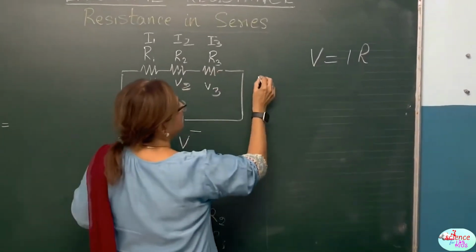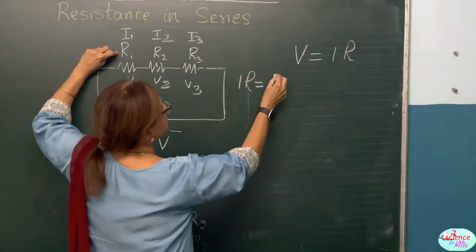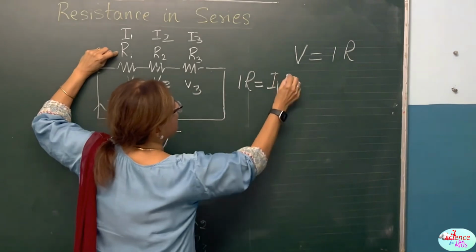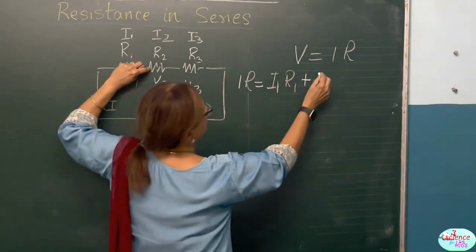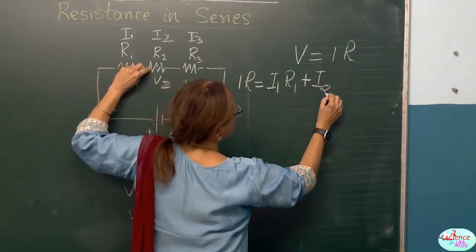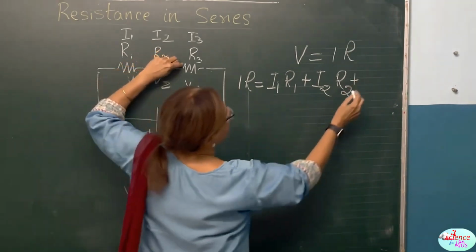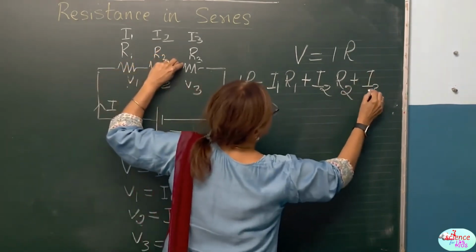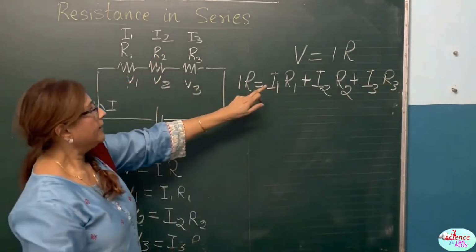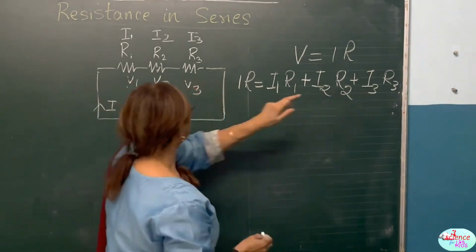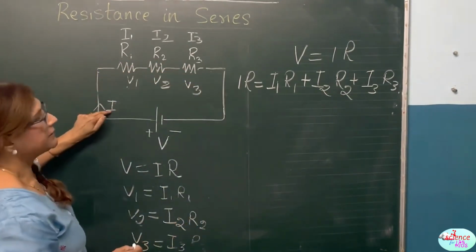So, here V will be IR, which will be equal to, for resistor 1, I1 R1 plus, for resistor 2, I2 R2, and for resistor 3, I3 R3. So here I1, I2 and I3 are the same as the main current that is flowing, which is I.